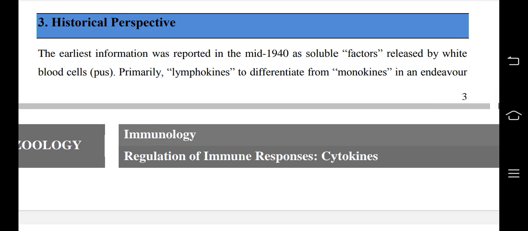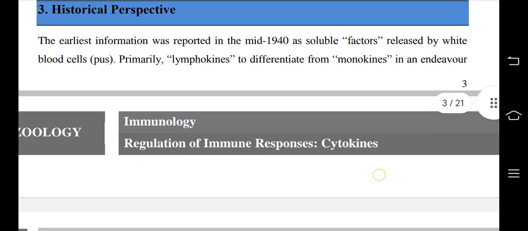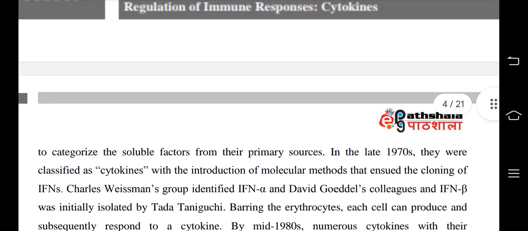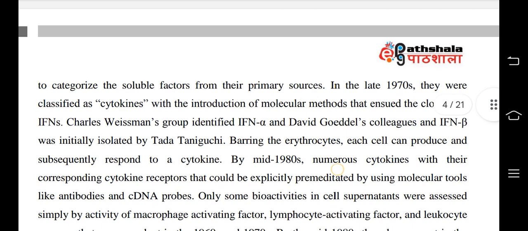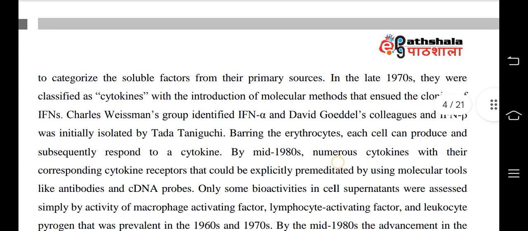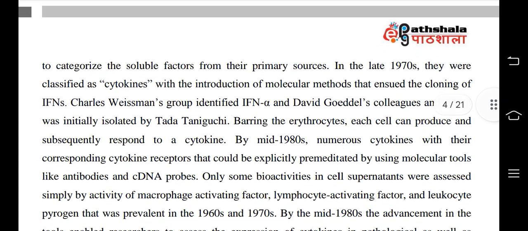Historical perspective. The earliest information was reported in the mid 1940s as soluble factors released by white blood cells, primarily lymphokines, to differentiate from monokines, in an endeavor to categorize the soluble factors from their primary sources. In the late 1970s, they were classified as cytokines with the introduction of molecular methods that ensured the cloning of IFNs.